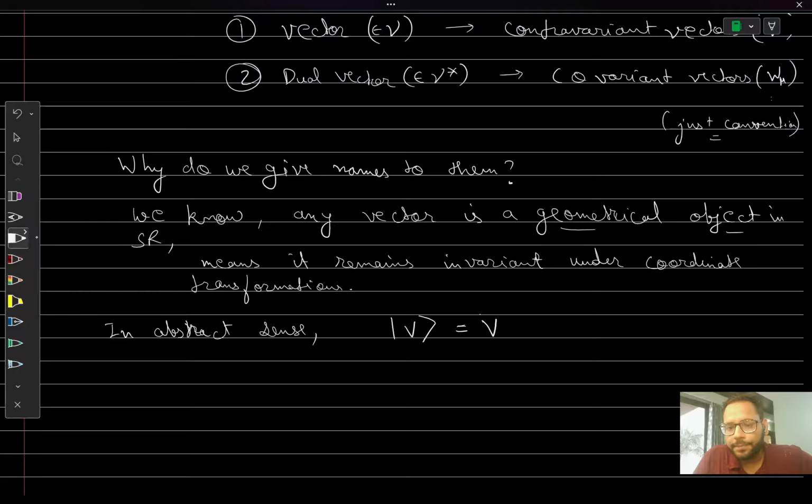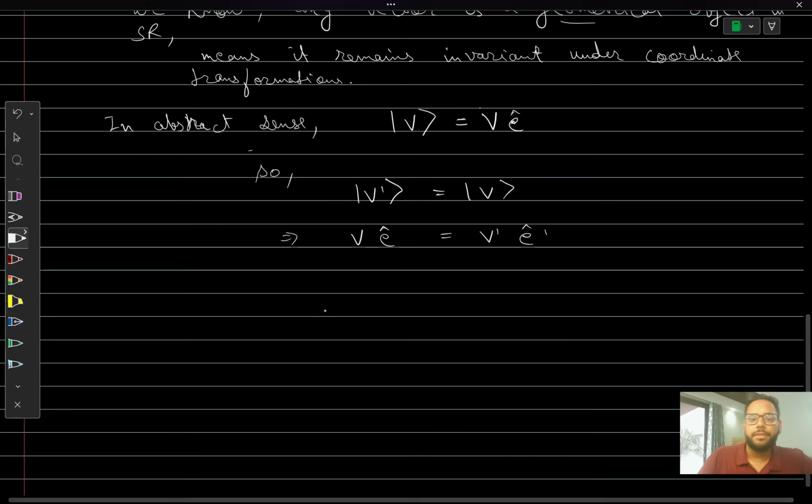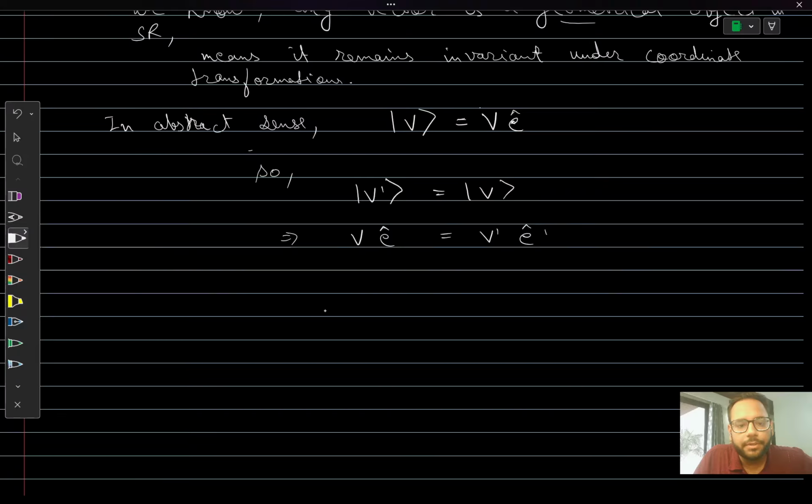I'm just writing it with a component and its basis vector, as E. I will put the indices later on. In an abstract sense, I have this vector. This is my transformed vector and this is my untransformed vector. So this is the constraint equation for me.